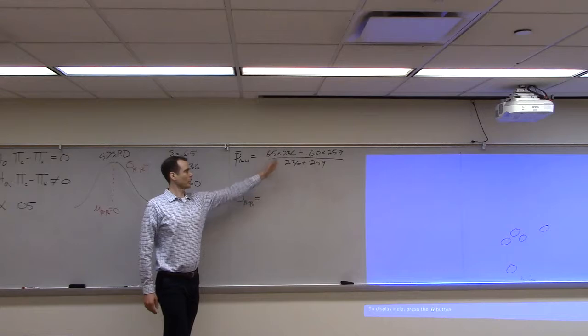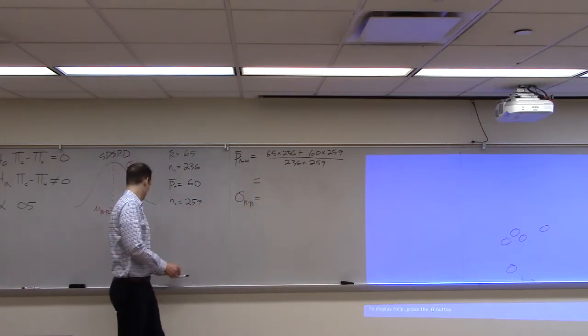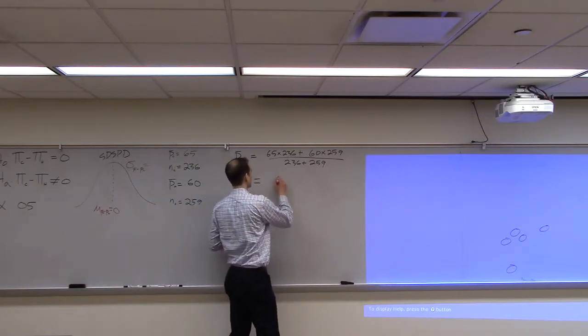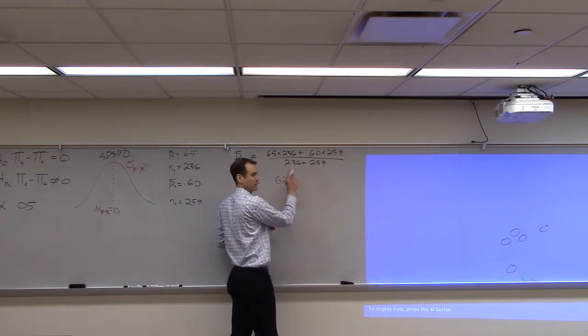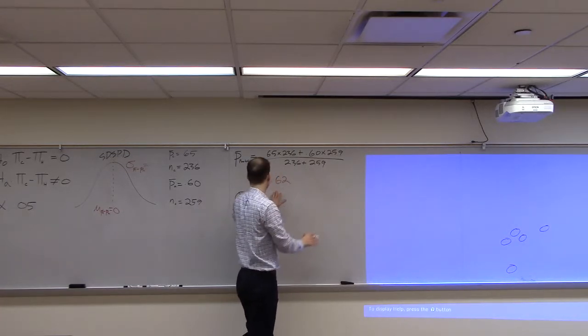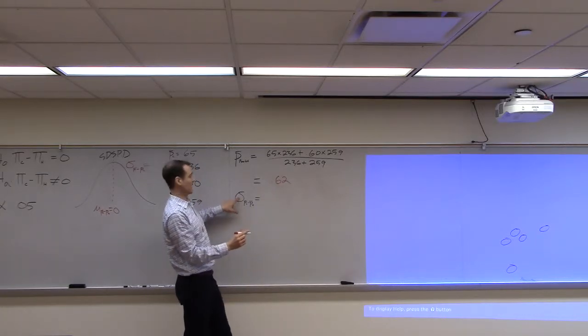So what do we get when we take a weighted average pooled proportion for our sample? 0.62. 0.62 and some change, right? Yeah. Alright, so keep this in your calculator, store it. But for right now, just to make it simple, I'll calculate the standard error.